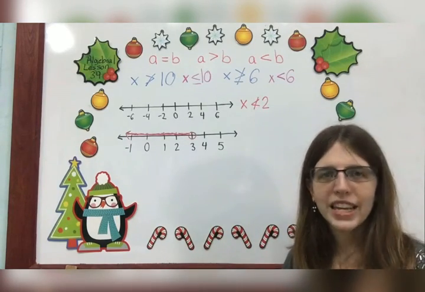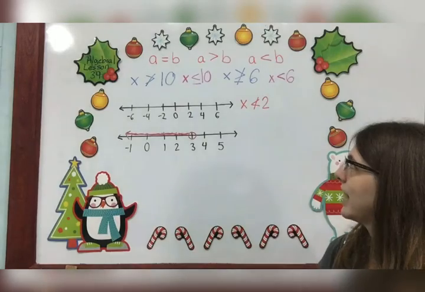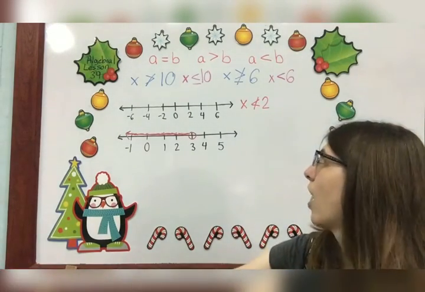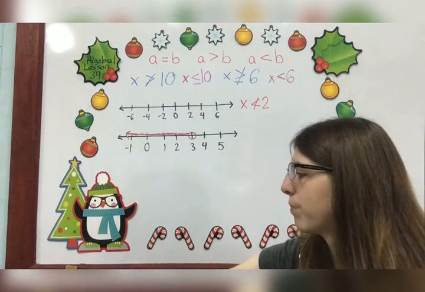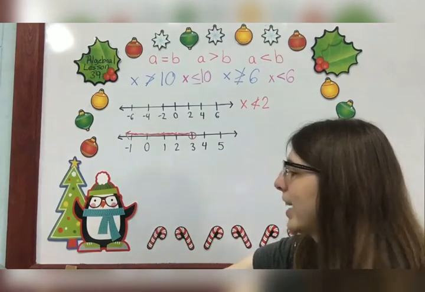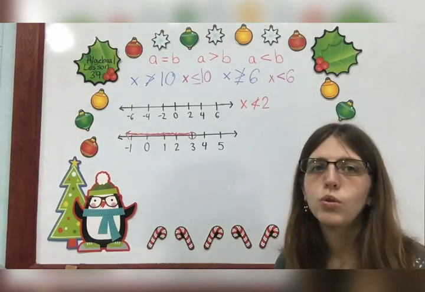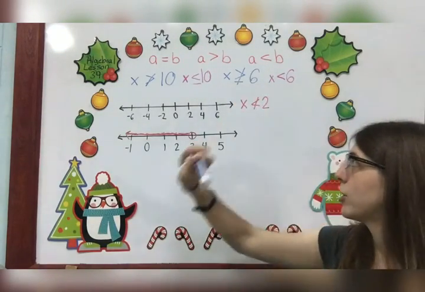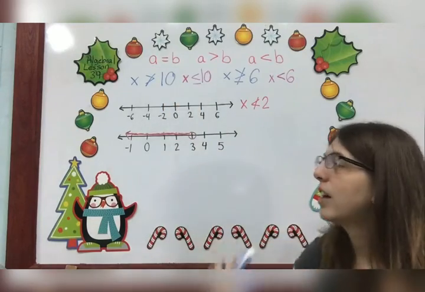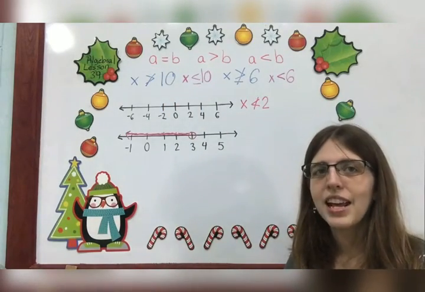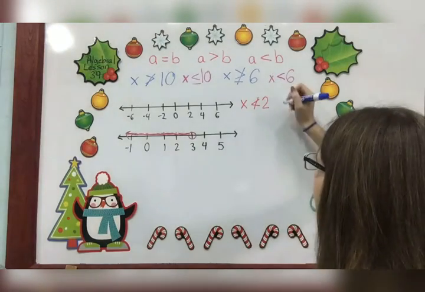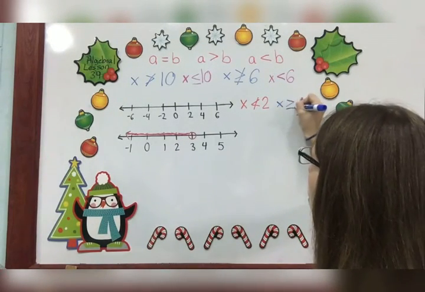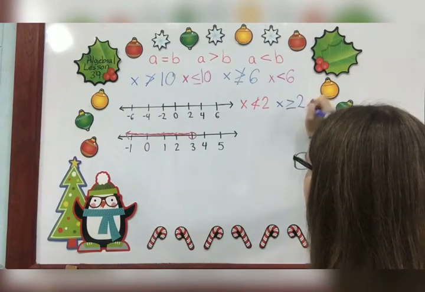If we want to graph these, here I have x is not less than 2. Okay, so I know x is not less than 2, so what is x? Well, I've gotten rid of the less than option, so it has to be one of these two, and I have to express that. Since it's not less than, that means that it is greater than or equal to 2.